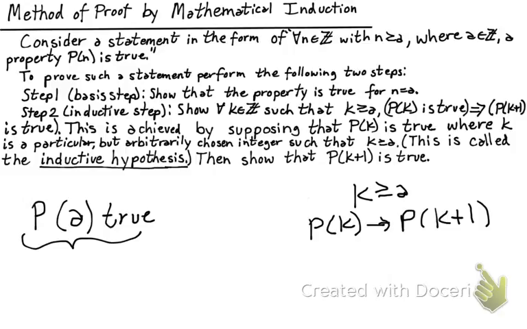So the assumption that P of k is true leads directly to being able to show that P of k plus 1 is true. Means that, for one thing, if P of a is true, P of a plus 1 is automatically true. Likewise, if P of a plus 1 is true, then P of a plus 2 is true. And then P of a plus 3, P of a plus 4. So it's like you've got these things all sort of lined up.